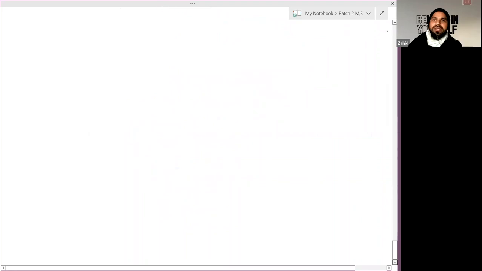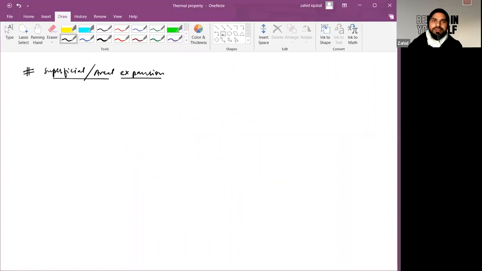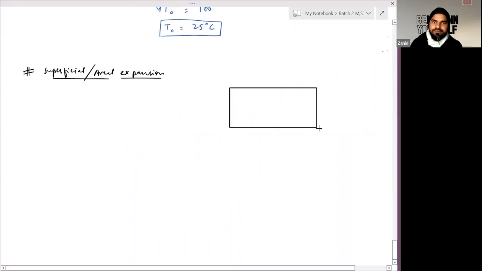This is all about linear expansion and temperature coefficient of linear expansion. Let me define the next part: superficial or areal expansion. Suppose you have a rectangular sheet having initial length L naught and breadth B naught.